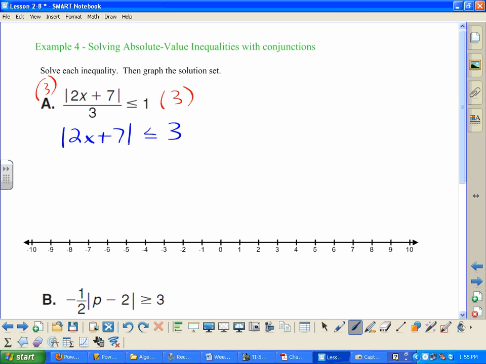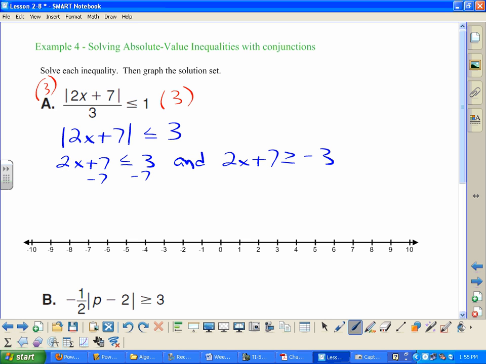Now, since we have a positive number here with the 3, I'm going to do 2x plus 7 is less than or equal to 3, and 2x plus 7 is greater than or equal to negative 3. And this is going to be and because it's a conjunction, which means that both things have to be true for the answer to work.